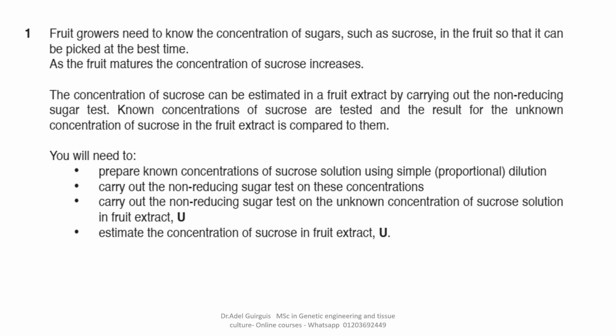You will need to prepare known concentrations of sucrose solution using simple or proportional dilution. Carry out the non-reducing sugar test on these concentrations. Carry out the non-reducing sugar test on the unknown concentration of sucrose solution in fruit extract U. Finally, estimate the concentration of sucrose in fruit extract U. Okay?